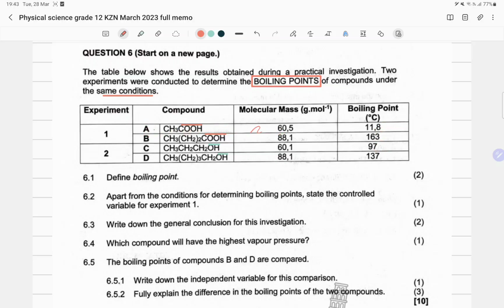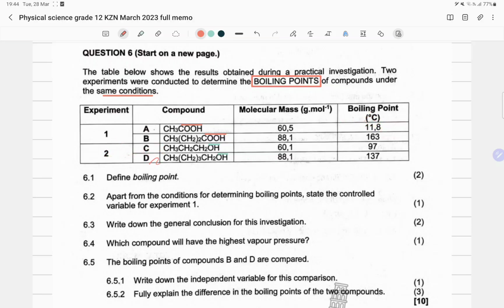Not a problem. Then now we're talking about the molecular mass and the boiling points, okay? Now between A and B, you can see this is the same homologous series but different chain lengths and essentially different molecular masses. And we can see here, the higher the molecular mass, the higher the boiling point. The smaller the molecular mass, the lower the boiling point.